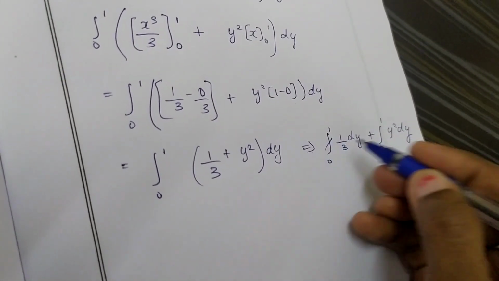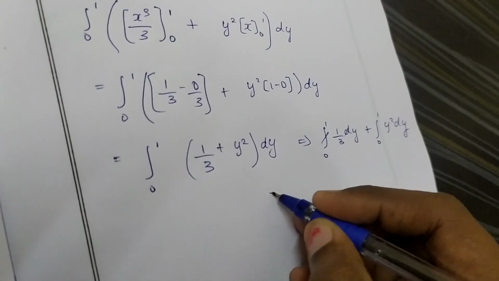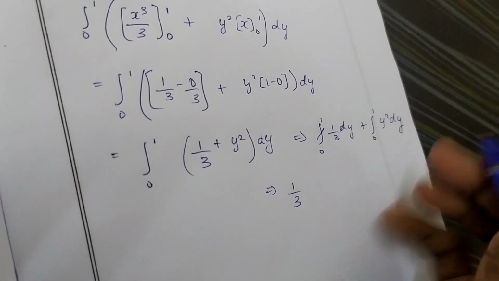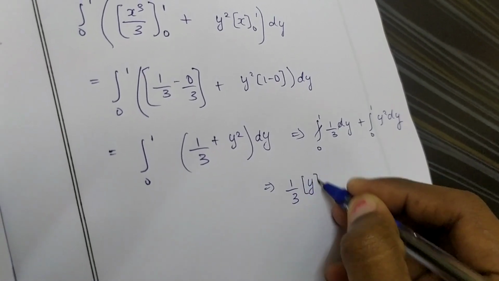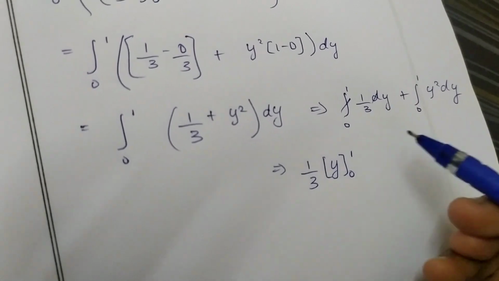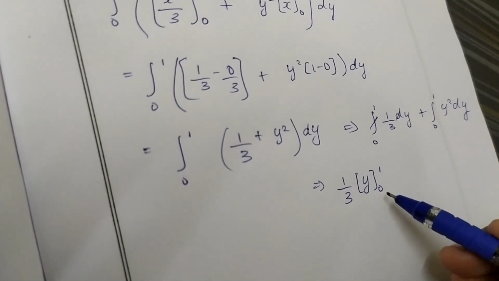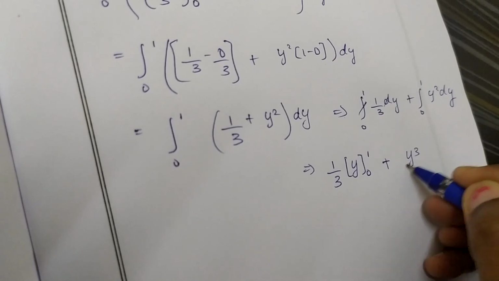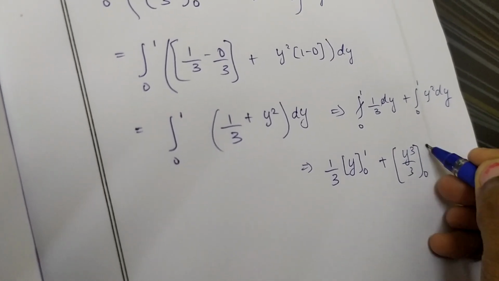If you integrate, the integration symbol and d symbol will get cancelled. You will get 1 by 3 as a constant, so keep it as it is, from 0 to 1. Understood? You cancel this integration and d symbol. You will get y from 0 to 1, plus y square dy means y cube by 3. The limits are 0 to 1.